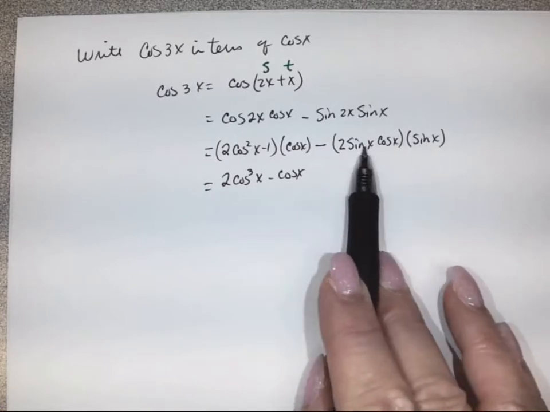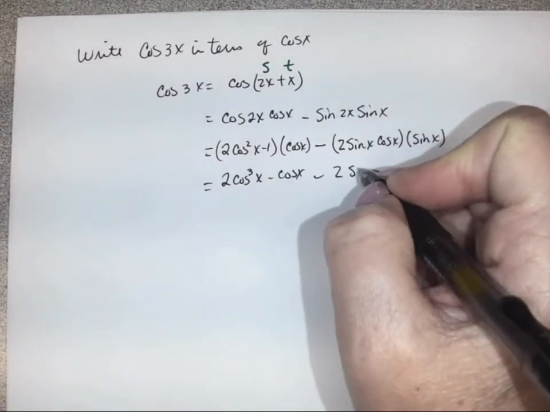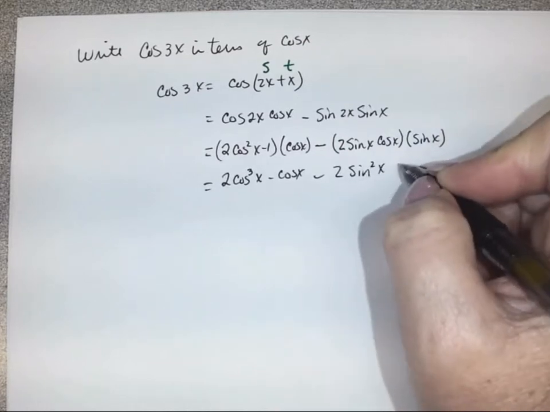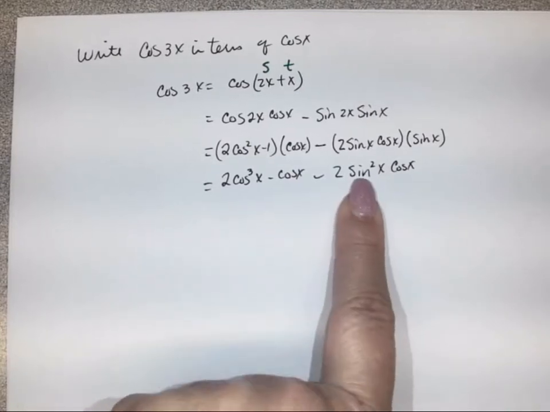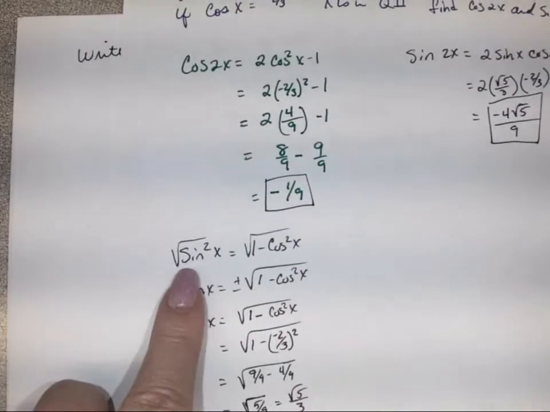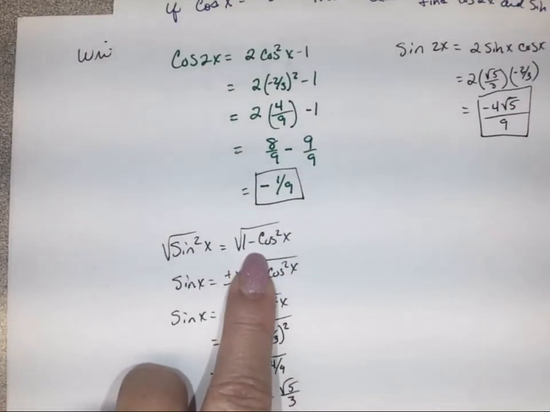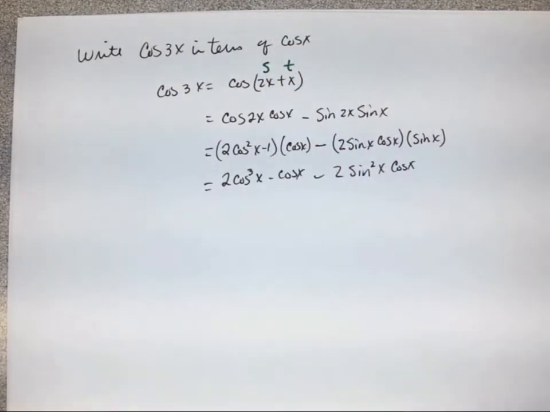So this sine gets multiplied by that sine, and we will have 2 times the sine squared x cosine of x. Now, sine squared x, we just used that in a previous problem. Sine squared x would be equal to 1 minus cosine squared x, because I got to get rid of that sine. I want it all in cosine.